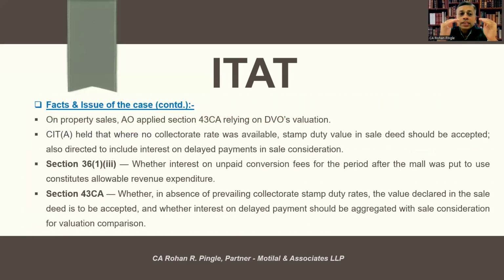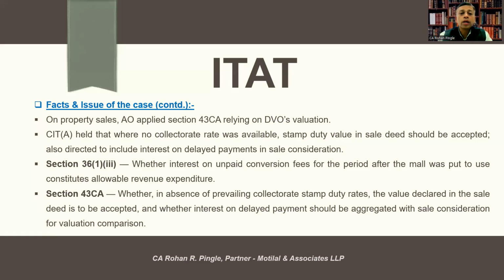On property sales, AO applied section 43CA relying on the DVO's valuation. CIT appeals held that where no collectorate rate was available, stamp duty value in sale deed should be accepted. Also directed to include interest on delayed payments in sale consideration.